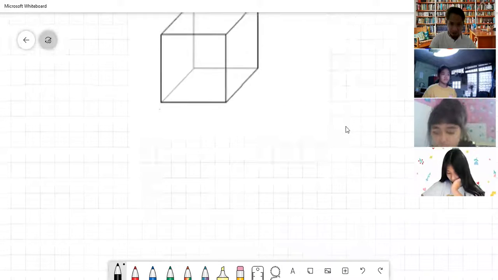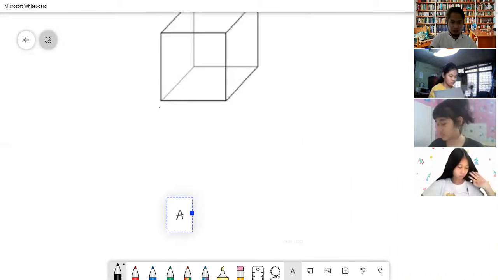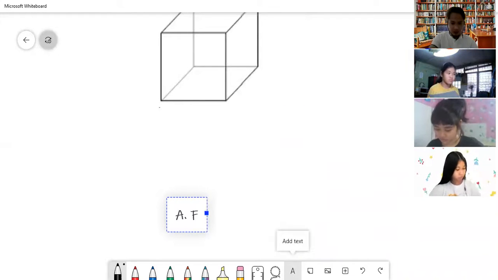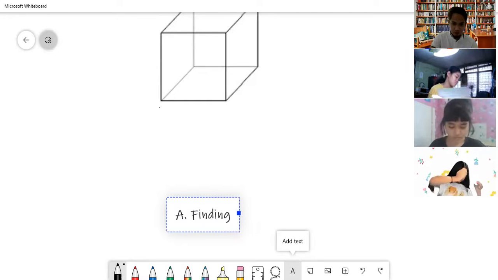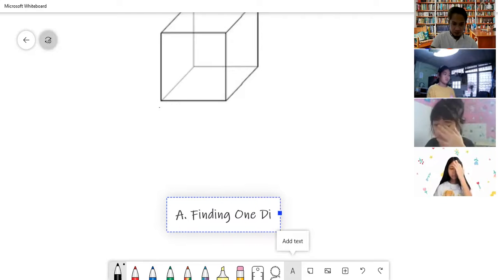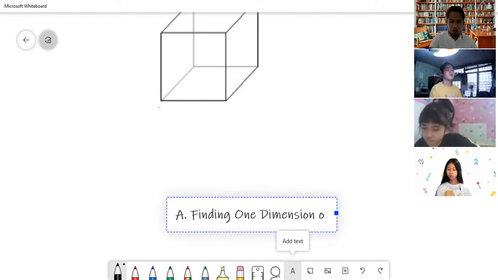Now let's go to the next lesson. Page 100, letter A. What is letter A here? Finding one dimension of a cuboid. Are you confused or not?